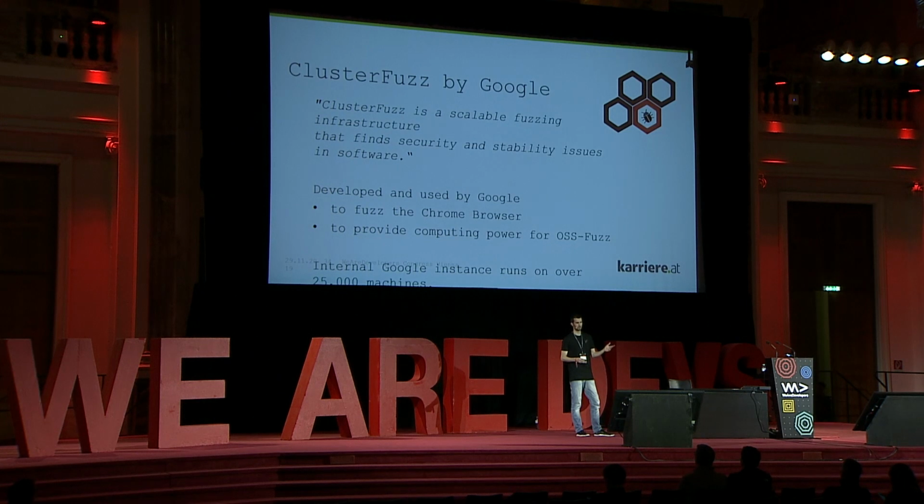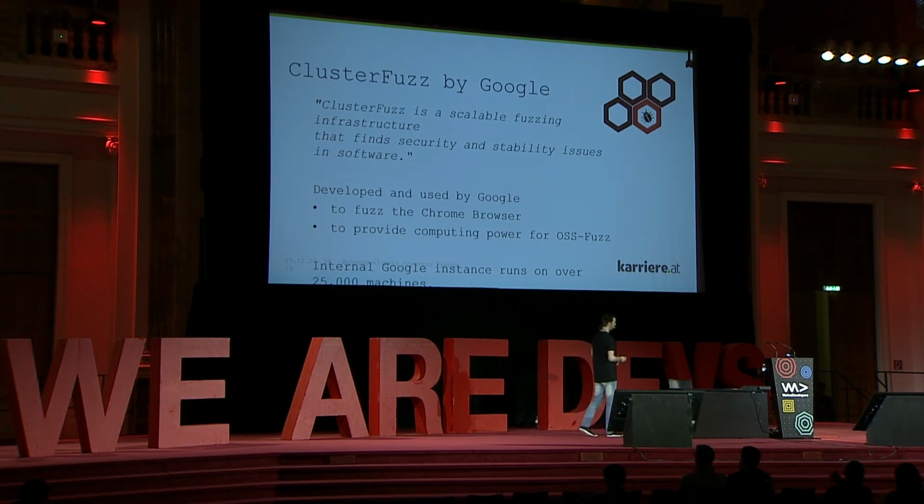And to get to the end of my presentation, I'm going to talk about ClusterFuzz and how it found so many bugs. ClusterFuzz is a product by Google and describes itself as a scalable fuzzing infrastructure that finds security and stability issues in software. This is not yet another fuzzer, but an infrastructure where fuzzers run in. For example, AFL, American Fuzzy Lop, will run in ClusterFuzz, or libFuzzer will run in ClusterFuzz.